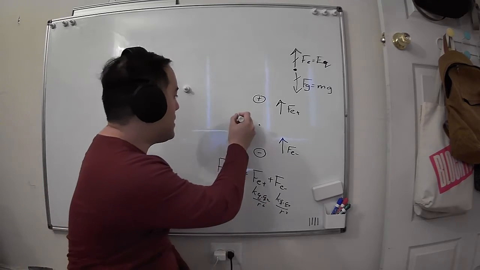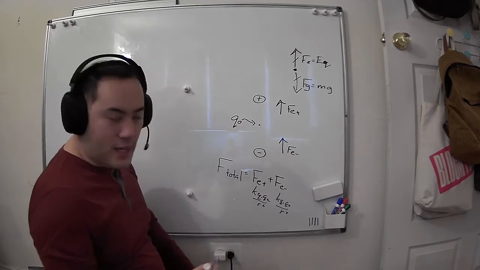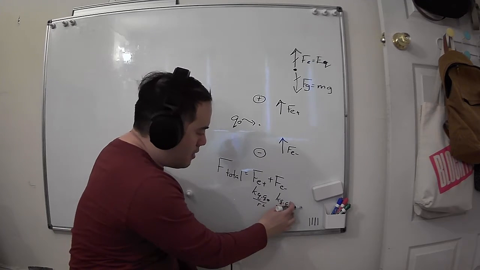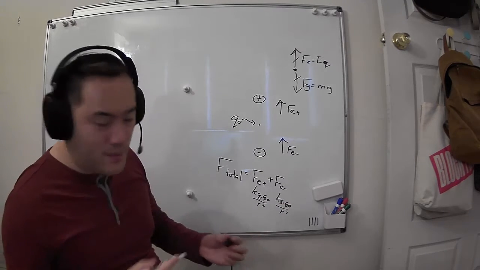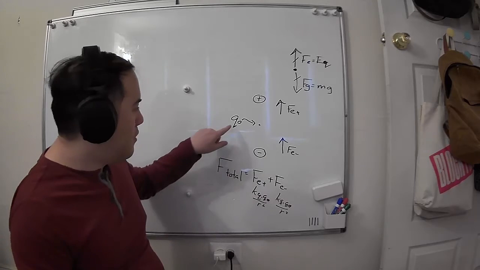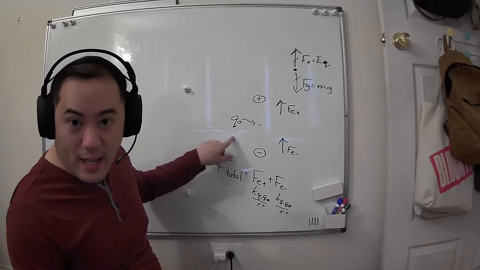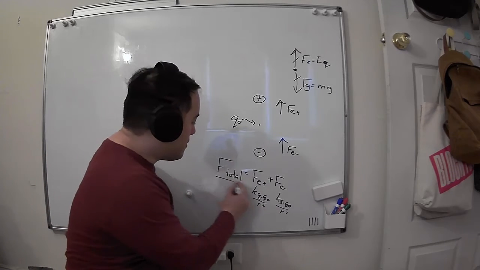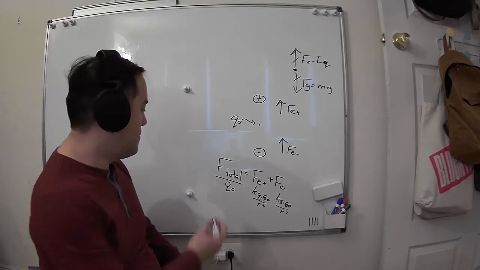You could put some mystery test charge. If you did that, you could find the force on that charge. And as you know, this is a review, the force on the charge you put here depends on this charge. So you divide by that charge so it doesn't matter.